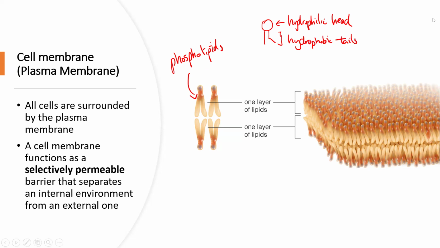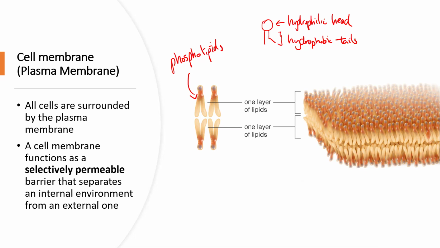I told you it's like detergent. The head binds to water and the tail stays away from water. And the cell membrane is actually made up of 2 layers of these things. I told you it's like a peanut butter sandwich. Right? The bread are like the hydrophilic heads, and the peanut butter in the middle would be the hydrophobic tail.